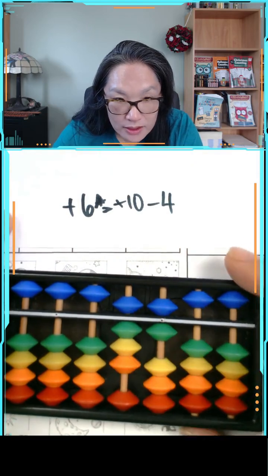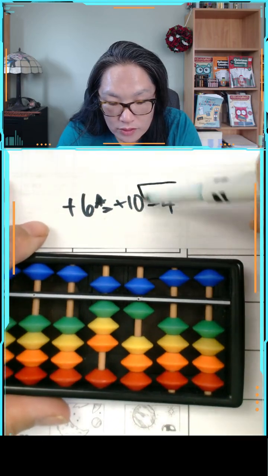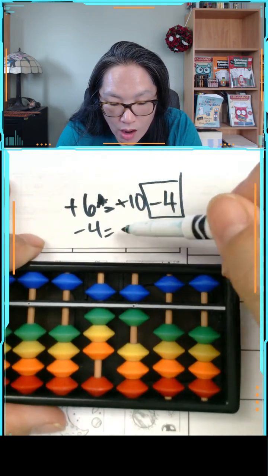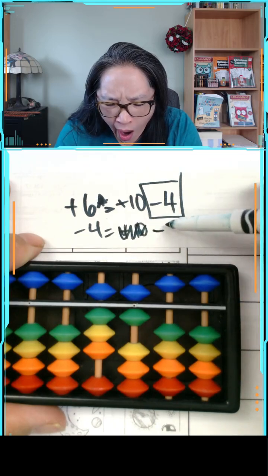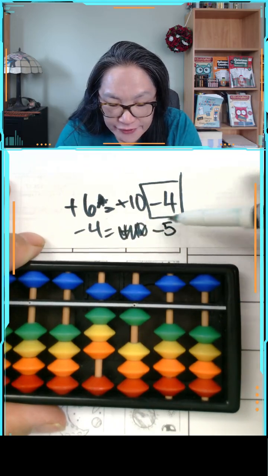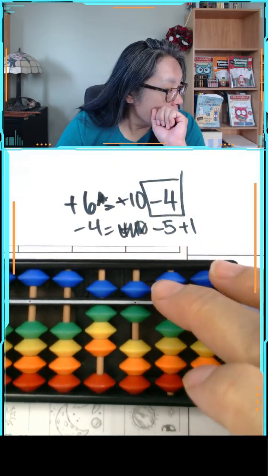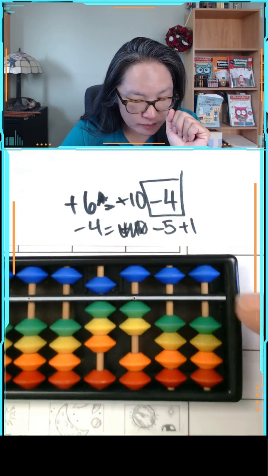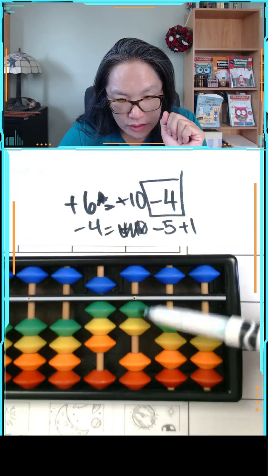So we're going to plus the 10, and we have to take away the 4. So we take away the 4, what do we do? Minus the 4 is equal to minus 5 plus 1. Minus the 5 plus the 1. So my final answer is 82.